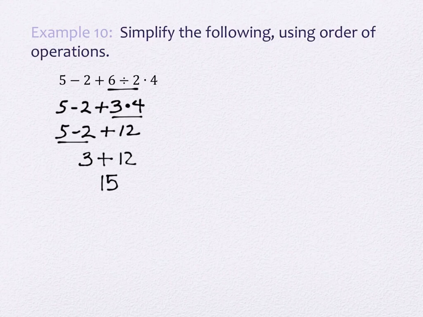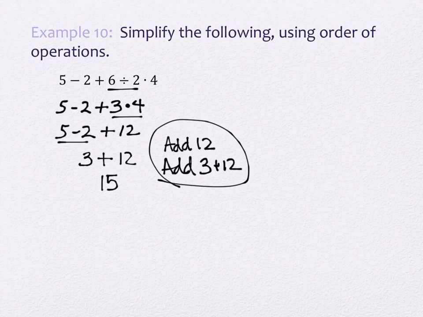So there's two ways to answer the what's your last step kind of question that your book likes to ask. You can either say you add 12 to 3, or you add 3 plus 12, right? That's our last step, to add those two together. Or you could simply say that, well, actually the way I've written is all I want to say. That'll work.